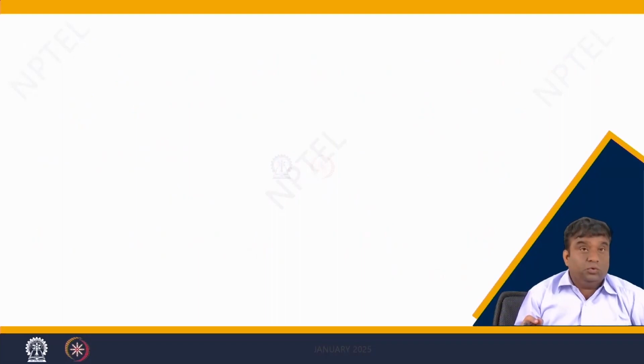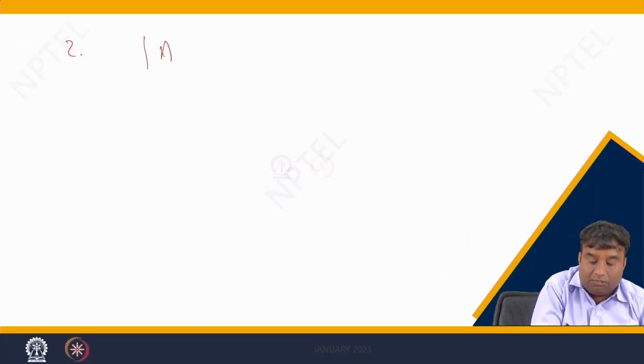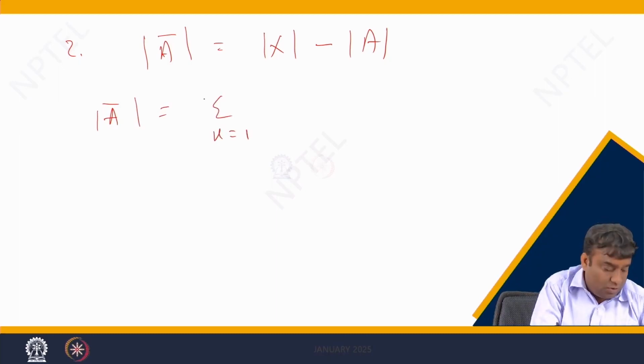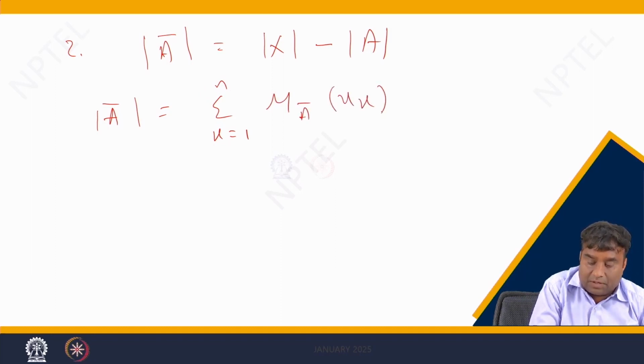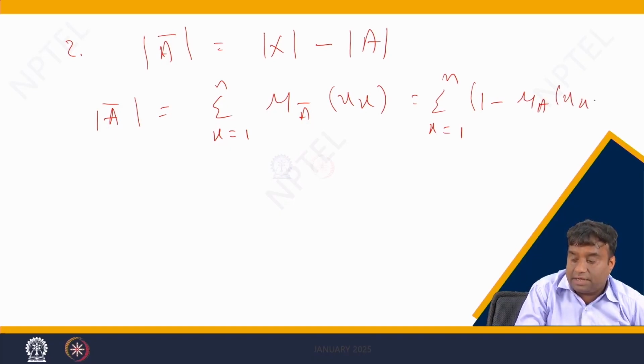Now property 2 is that the cardinality of the complement set A bar should equal the number of elements in the universe set minus the cardinality of A. You know the cardinality of the complement is summation k equal to 1 to n of mu A bar xk. The same thing can be written as summation k equal to 1 to n of 1 minus mu A xk.